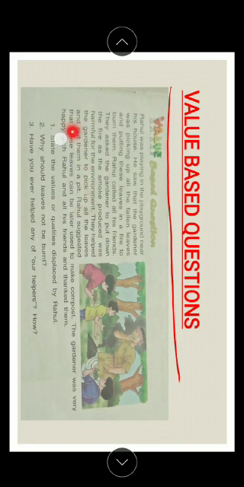They helped the gardener to pick up all the leaves and put them in a pit. Then what did they do? They helped this gardener to pick up all the leaves lying on the ground, and then they dumped these collected leaves in a pit. Rahul suggested that these leaves can be later used to make compost.